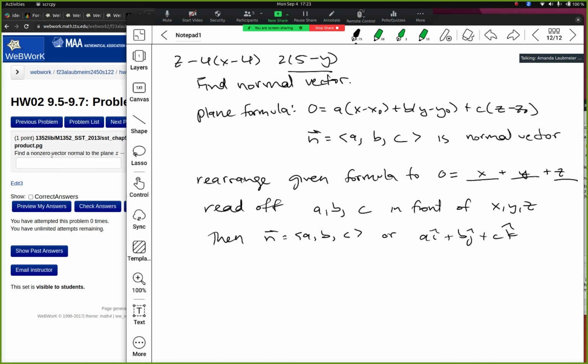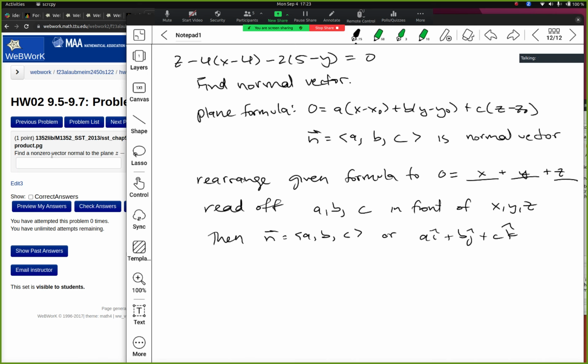So I might subtract it to the other side, so the y is with the x and the z, but my c and b and a are given times the positive y, so I would have to like distribute that minus 2 times that minus y. This would actually be a positive 2 times the y. And so if you did that algebra and you got minus 2, because you see the minus 2 out front, just make sure to check that all your signs have kind of canceled out.